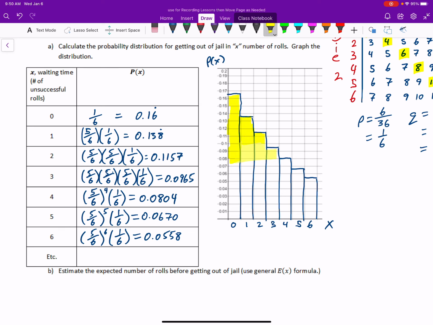We could have 7, we could have 8 for our value of x. And so just to make that clear, let's do 7.